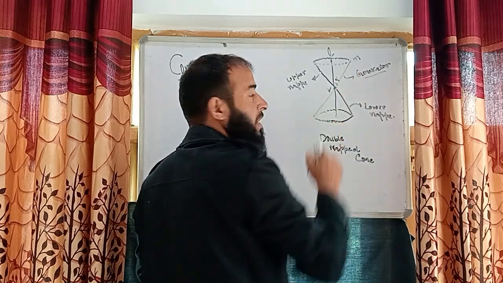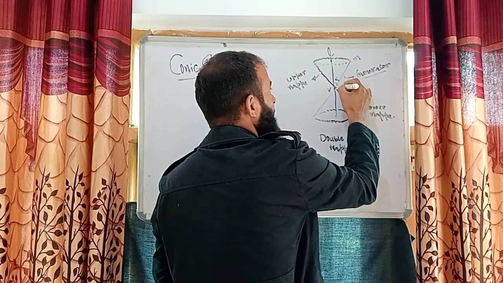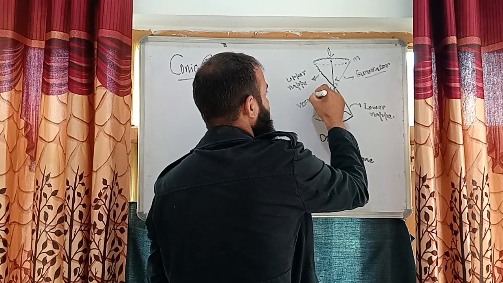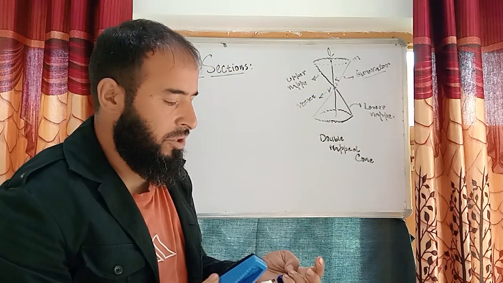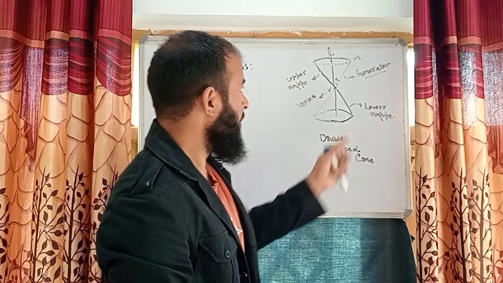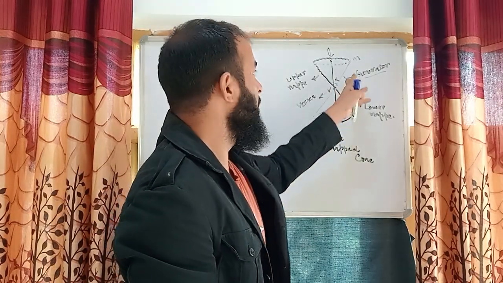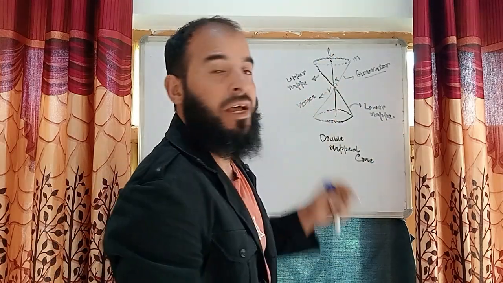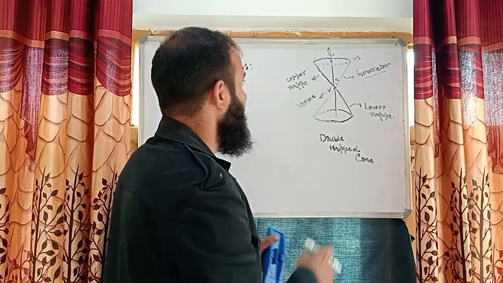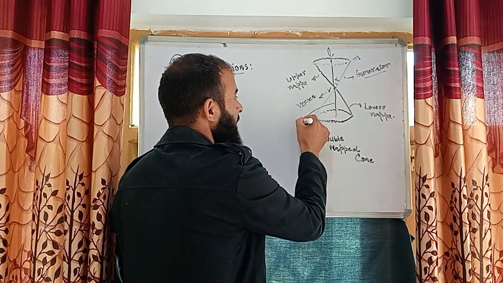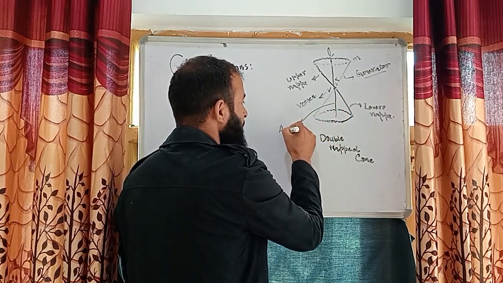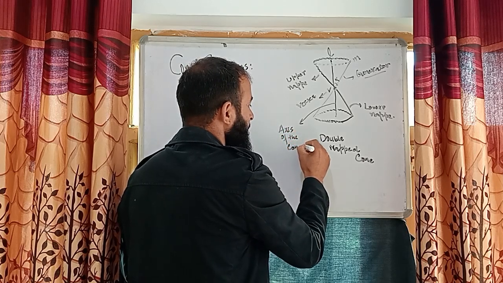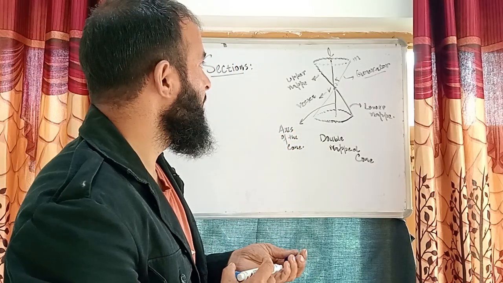The point about which this line rotates is called the vertex of the cone. So we have the vertex of the cone, the constant angle alpha which this generator makes with the fixed line, and this fixed line is called the axis of the cone.